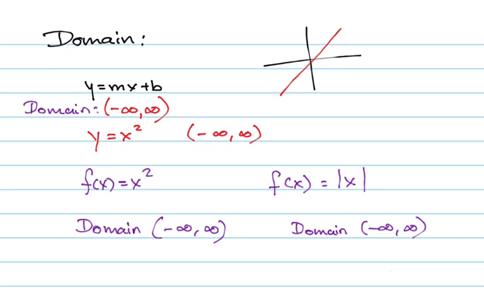In other words, they are not defined for all x values. Any thoughts on that? What kind of function is not defined for all x values? Like all of these 3 here, whatever I do with x, I will get a y. Not a problem. 2 functions where that's not the case.